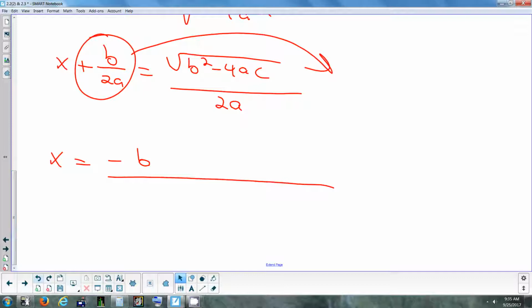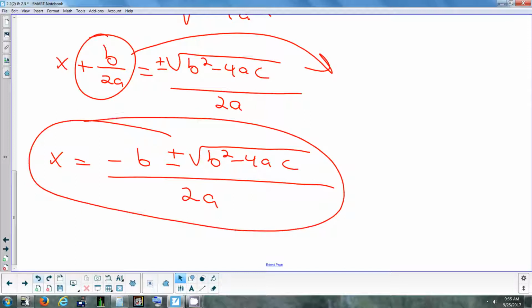So negative b. And really, when we take a square root, we want to make sure we take both the positive and the negative, so I should add that in right there. So positive or negative square root of b squared minus 4ac, all over 2a. So there's where your quadratic formula comes from.